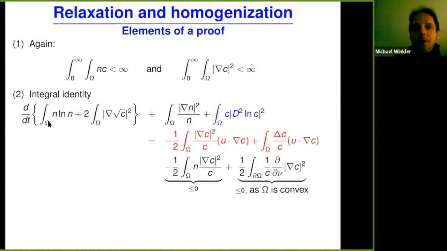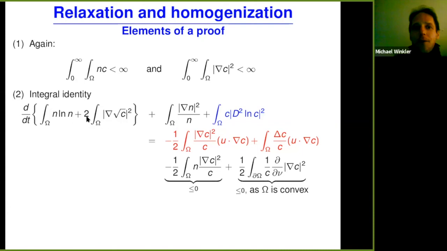The one is this n log n integral, which is quite popular in Keller-Segel dynamics, because you can say something about the cross-diffusion interaction when computing n log n. But then what is not so standard is this gradient of the square root of c squared. So it's a direct integral, but not of c, but of the square root of c.